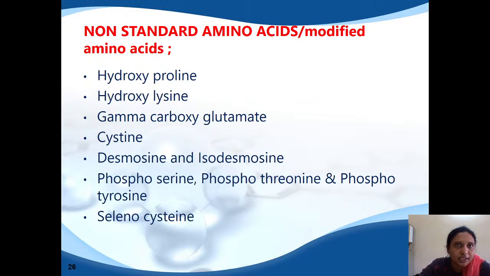The standard amino acids are 20 only, but one of them may undergo further modification after being incorporated into proteins. Modified means modified by the addition of extra groups. Those amino acids are non-standard or modified amino acids.